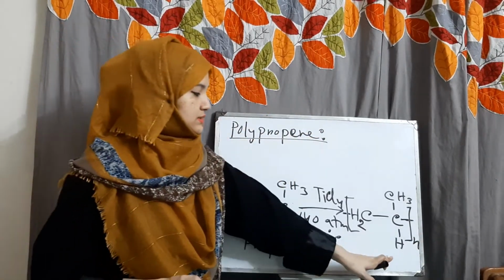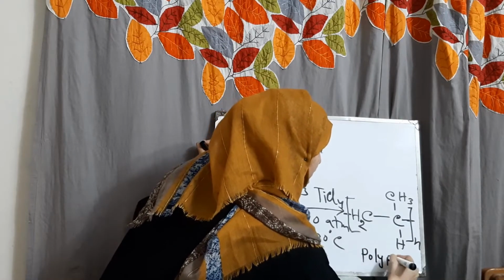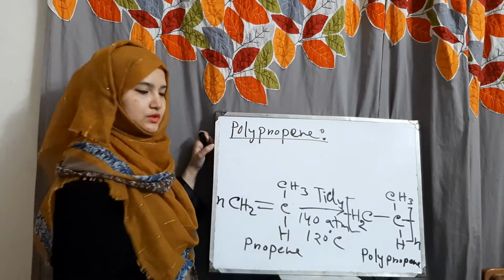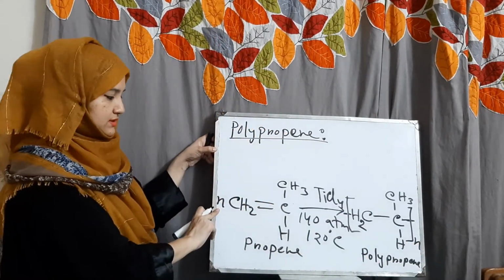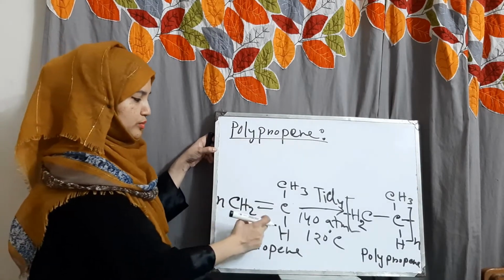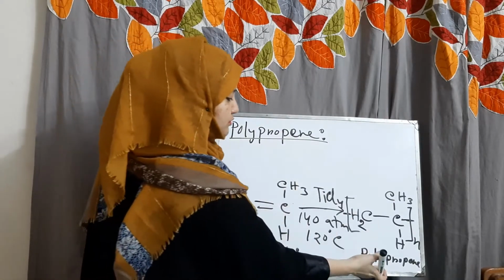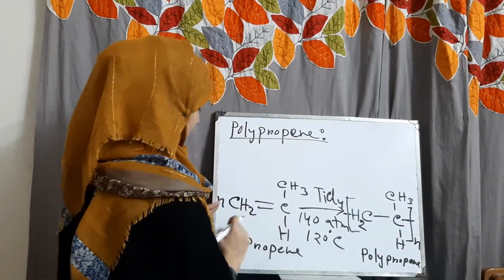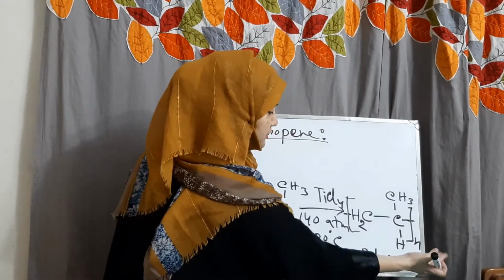This is polypropene. For balancing, this n goes with this. N monomer molecules linked together and form polypropene. N propene molecules linked together and form polypropene.